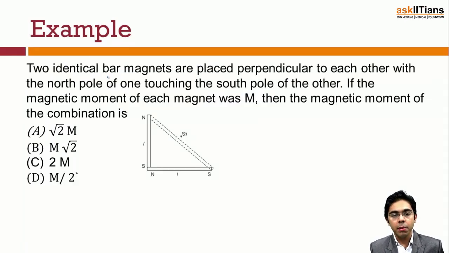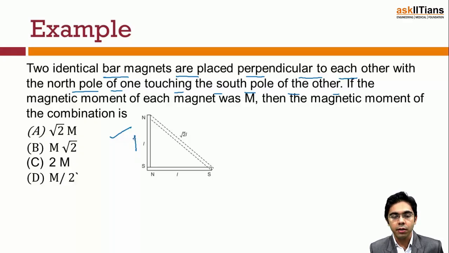Two identical bar magnets are placed perpendicular to each other with the north pole of one touching the south pole of the other. Now this is the figure. If the magnetic moment of each magnet is capital M, we have learned that the direction of the magnetic moment is from south to north.